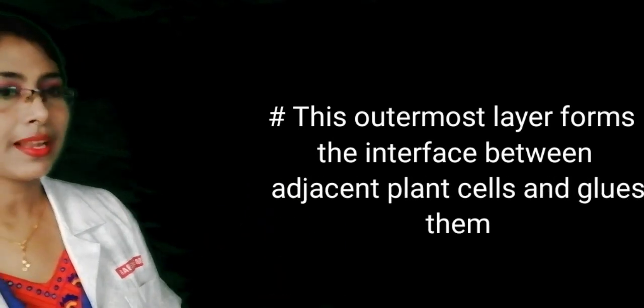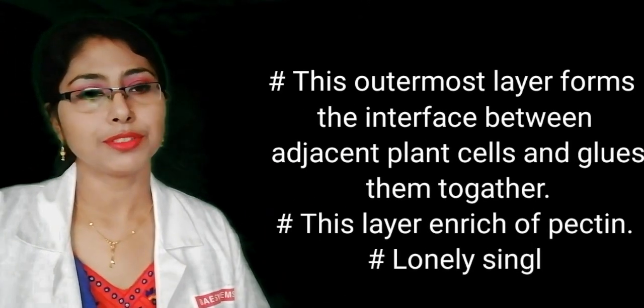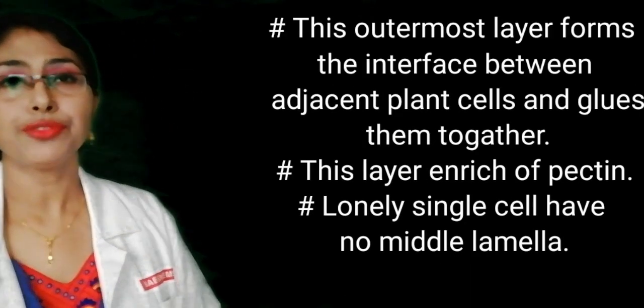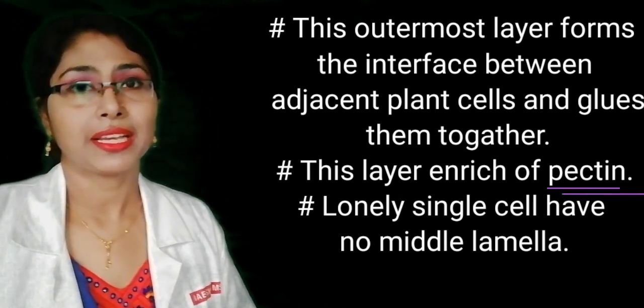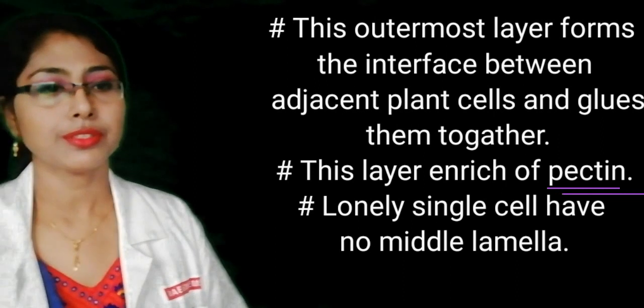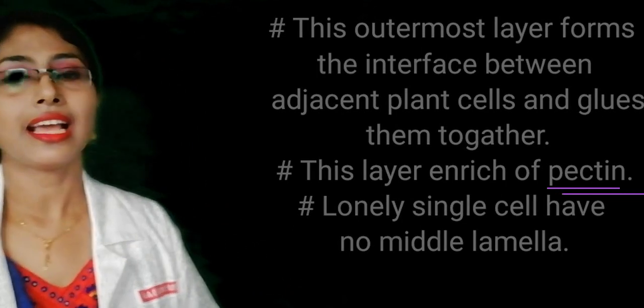This outermost layer forms the interface in between adjacent plant cells and glues them together. This layer is enriched with pectin. We have to memorize this component named pectin. It's your objective type question also. And only single cell have no middle lamella.